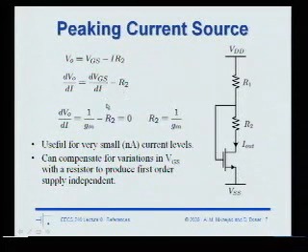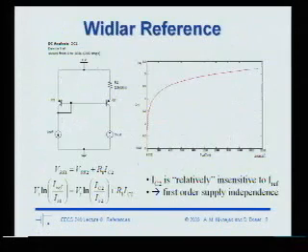And what's dVGS/dI? Well, it's 1 over GM, right? So to first order, if R2 is equal to 1 over GM, then this voltage out here varies very little, even though this current changes. So this is a very cheap reference that has almost constant current as a function of supply.